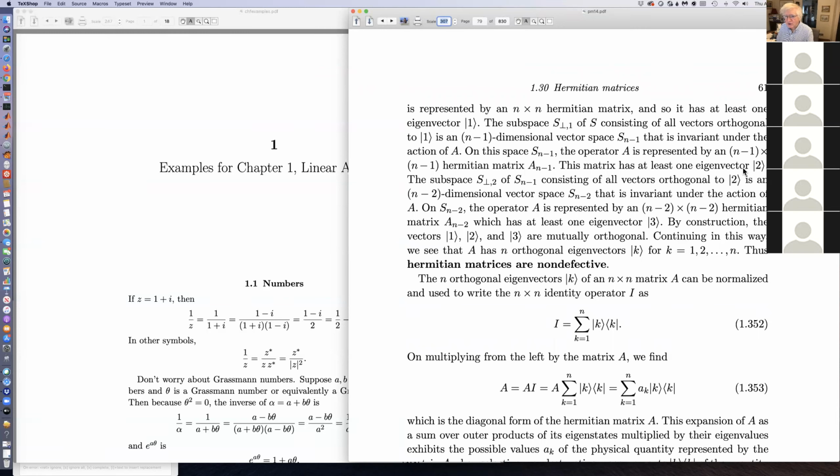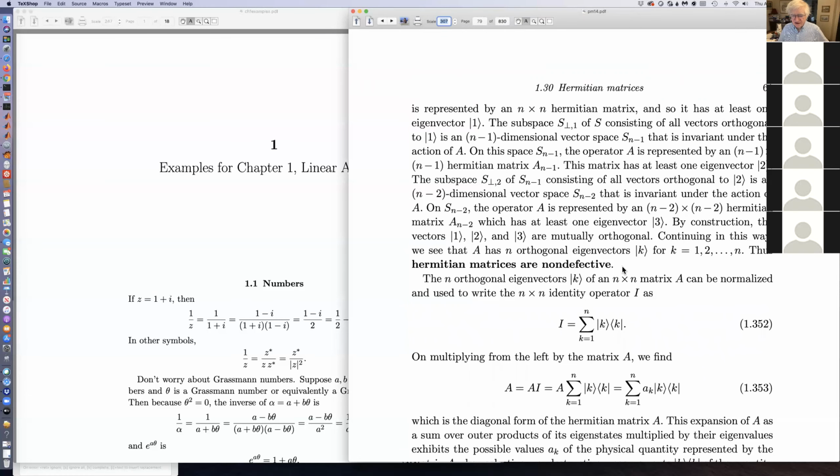It has at least one eigenvector. The subspace orthogonal to it consists of vectors orthogonal to it and the other one, and we call that S n minus 2, and so forth. Continuing in this way, we see that A has n orthogonal eigenvectors. And so we have the conclusion that Hermitian matrices are non-defective.